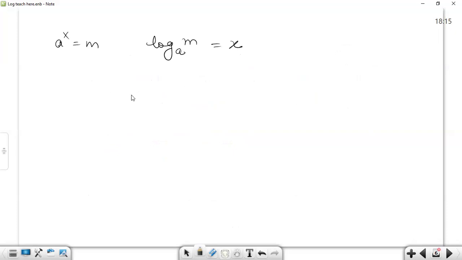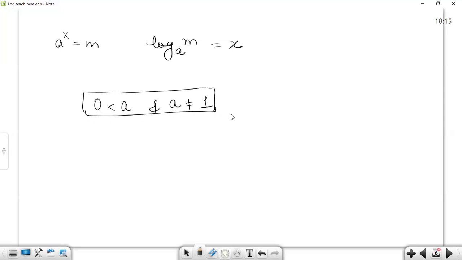Now the condition was that a is a positive real number, so a is greater than 0. And it is also a condition that a must not be equal to 1. So this is the condition for the logarithm function.